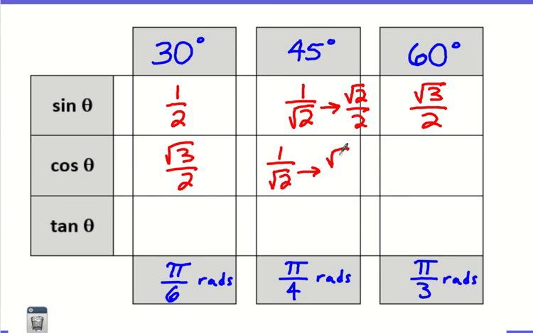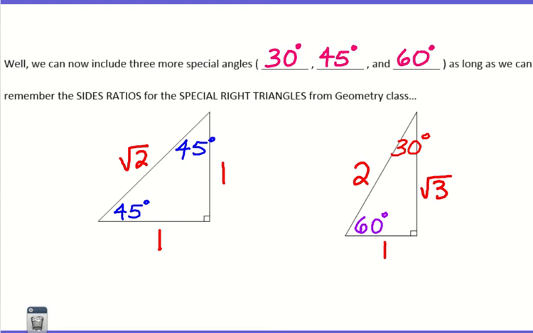And going through all of them, now this would be adjacent over hypotenuse. That would be that. Tangent of 30 is opposite over adjacent, TOA.